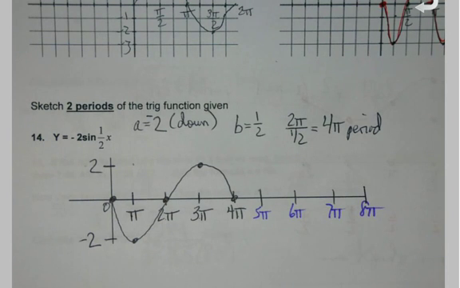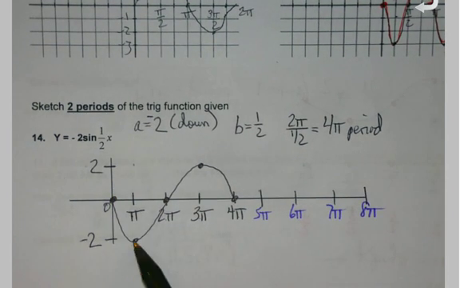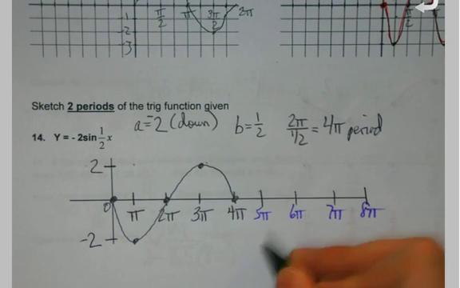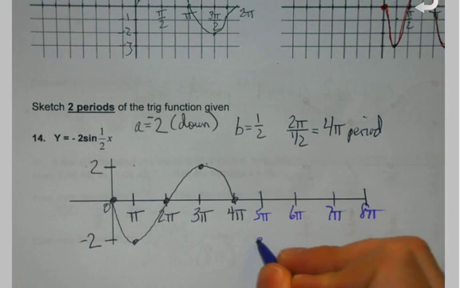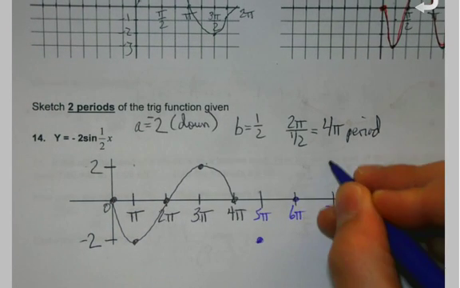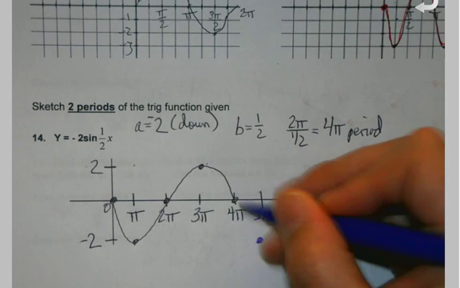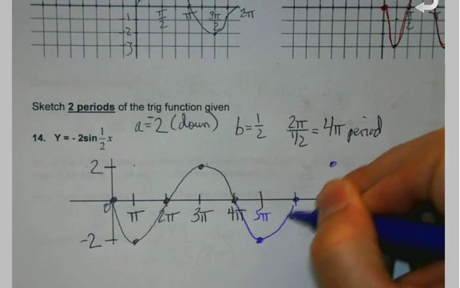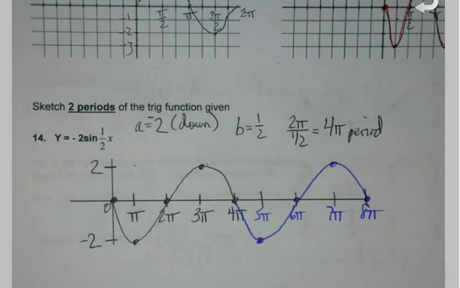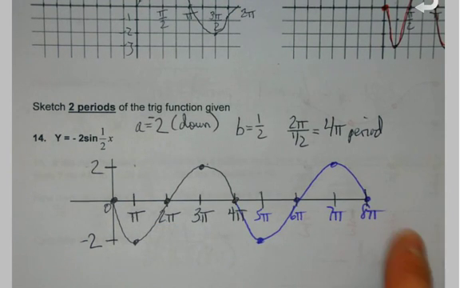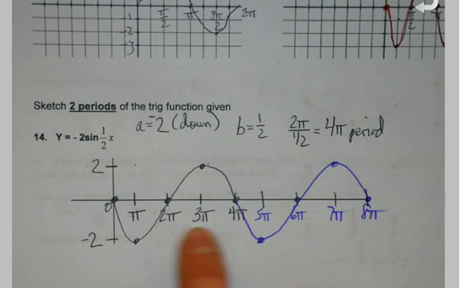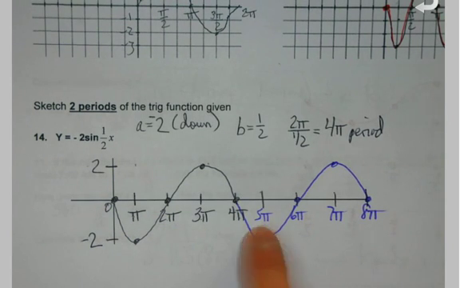Just keep doing the pattern. 0, min, 0, max, 0, min, 0, max, 0. Just expand it out to another one. And even if they were fractional values here, we've shown before how I do like 1/2, 2/2, 3/2, 4/2, so just keep doing that, 5/2, 6/2, and just keep doing the same thing, okay?